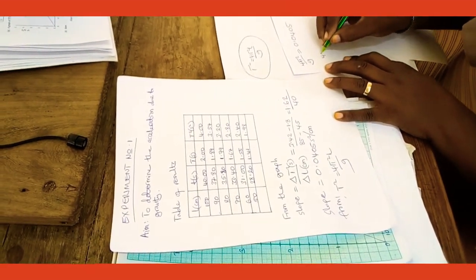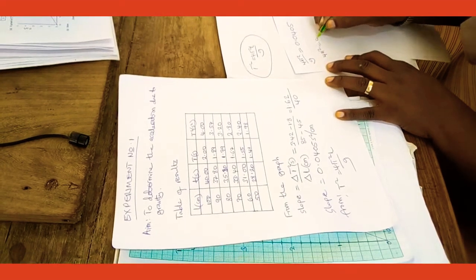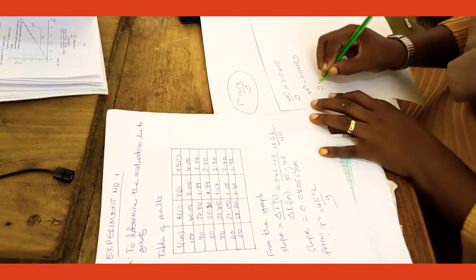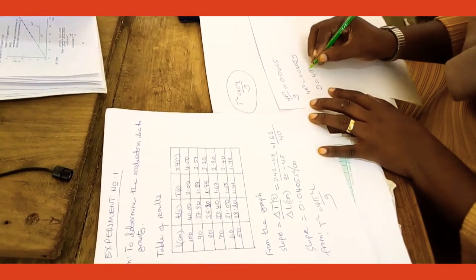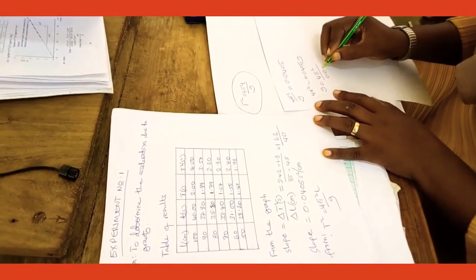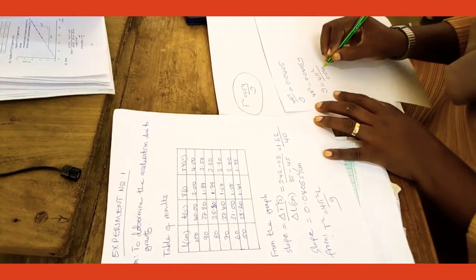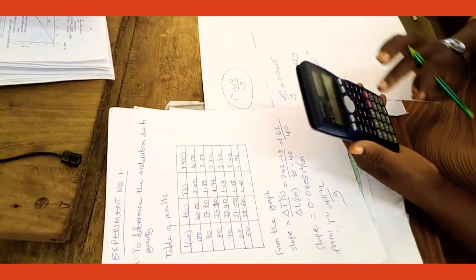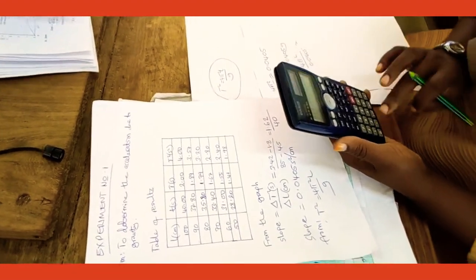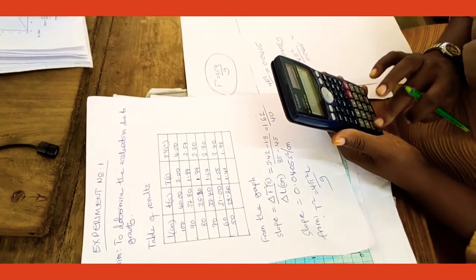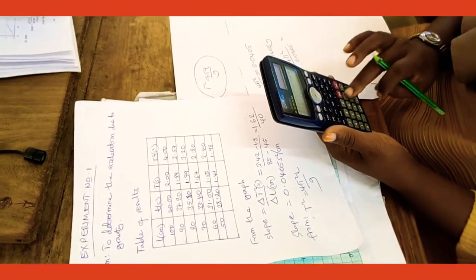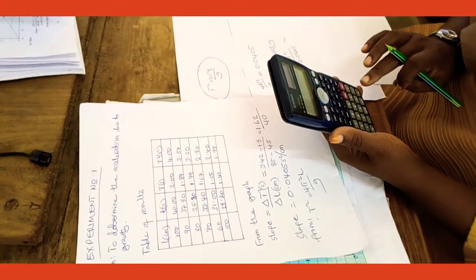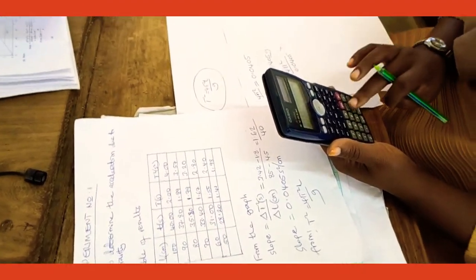So here 4 pi squared is equal to 0.0405 times g. So g is equal to 4 pi squared divided by 0.0405. Here pi is 3.14 squared. After having the value of pi squared, multiply by 4.